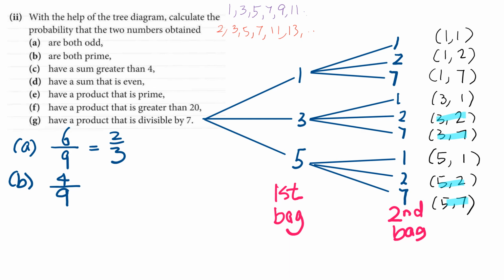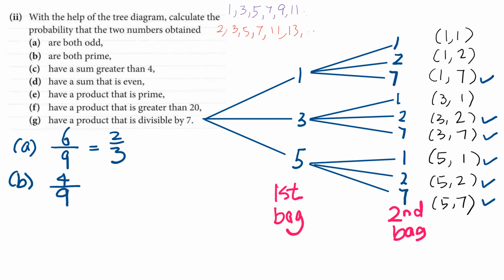Alright, let's look at part C. Part C, we're asked to find a sum. That means basically you just add these 2 numbers up, and this sum must be more than 4. So let's look at what are the possible combinations. The ones with the 6 are the ones that when you add both numbers, they will give you more than 4.